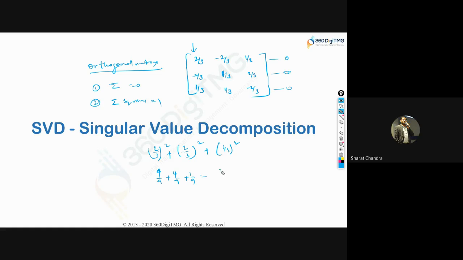This is how much? 9 by 9, which is equal to 1. And if you add these, this basically should give you a result as 0. So that's basically how this algorithm is being written.